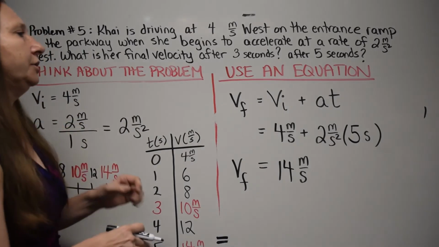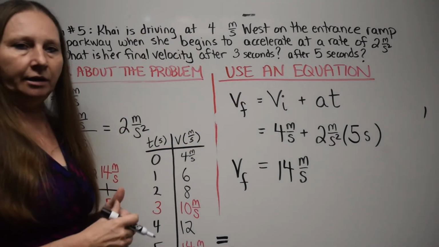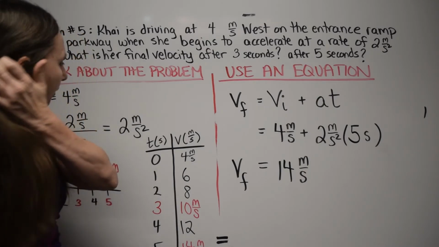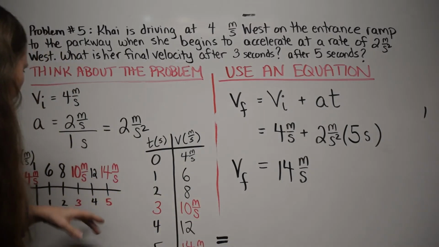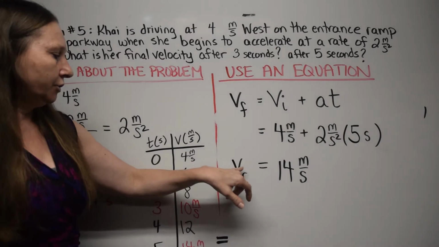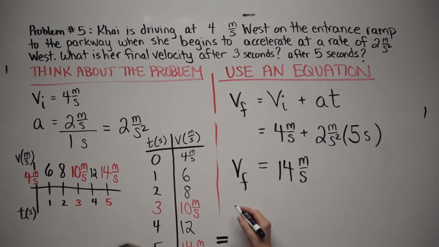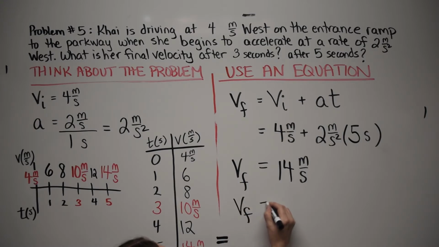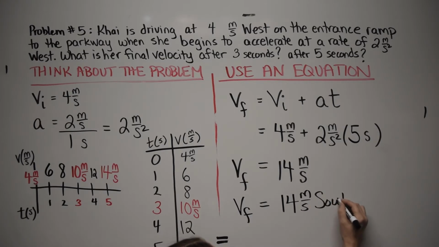Now, since everything is going in the same direction, everything is south, everything is negative, right? If you want to know the final velocity as opposed to the final speed, I mean, technically, we were talking about final speeds here. We didn't really mention the direction. So the final speed would be 14 meters per second. The final velocity, in this case, would be 14 meters per second south.